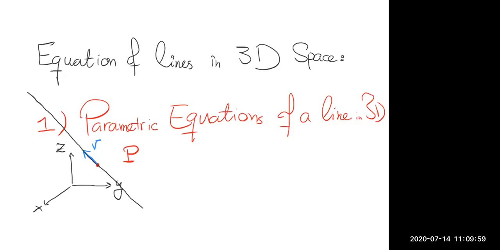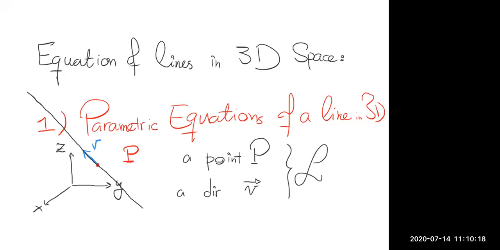So if one has a point P and a direction V, using these two things, you would get a unique line, right? Now, this P is a point in 3-dimensional space, and this V is a vector in 3-dimensional space.